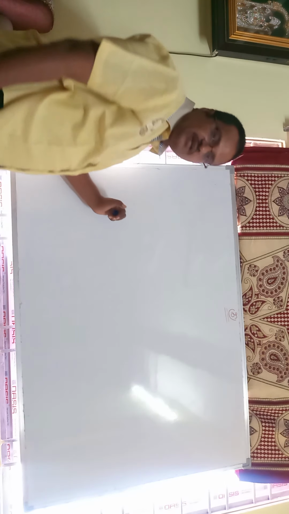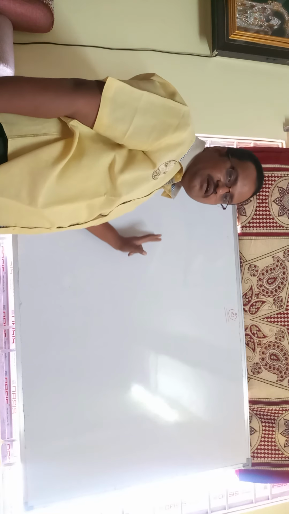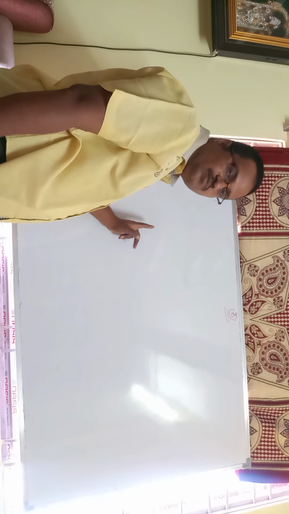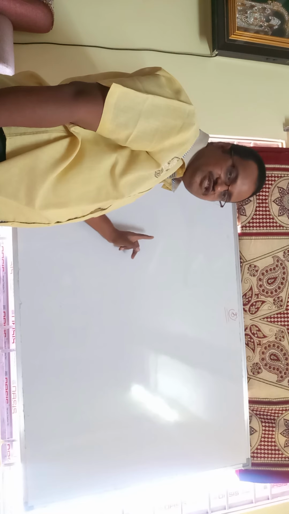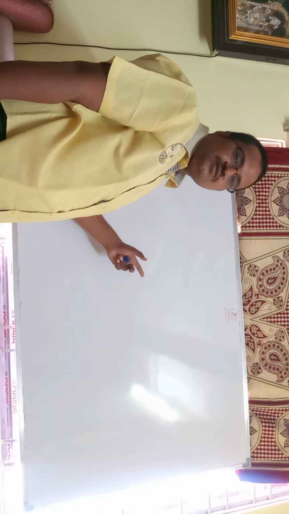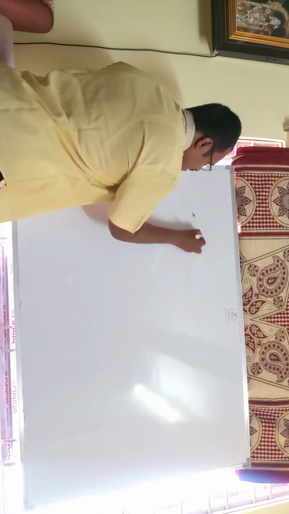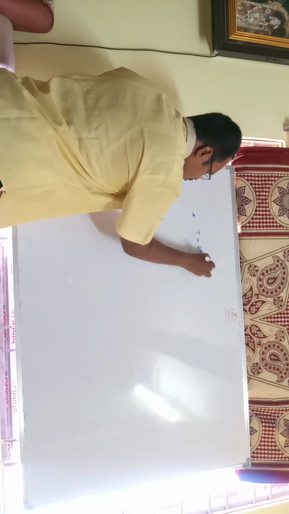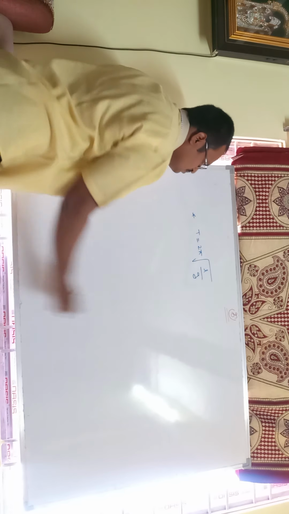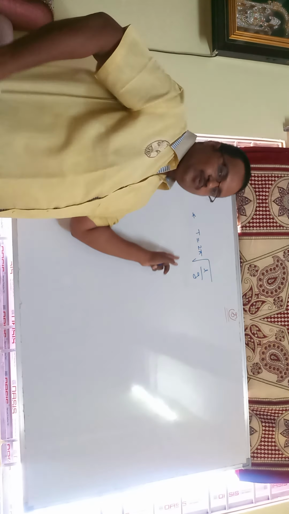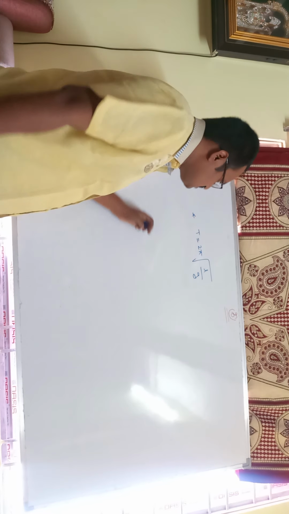Now we will go for some applications regarding simple harmonic motion of a particle in SHM, that means for simple pendulum. We know that time period equal to 2 pi into root over l by g.